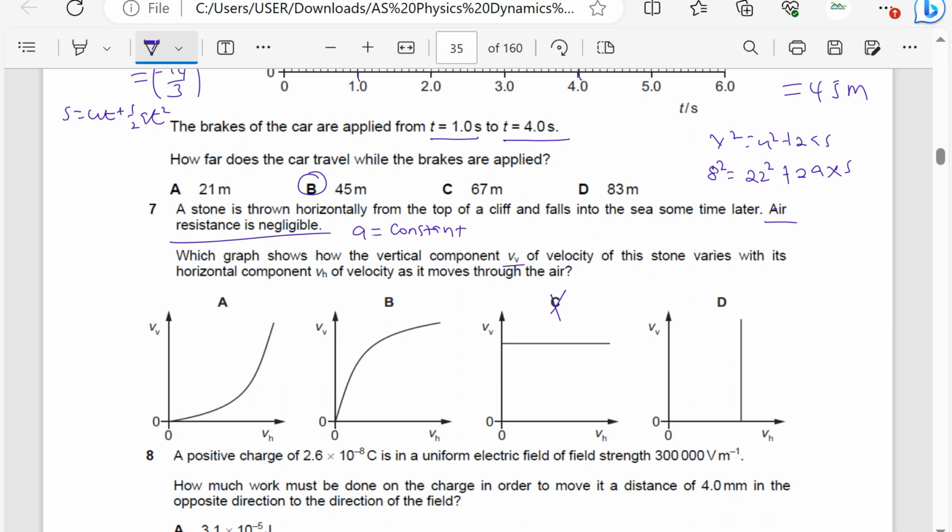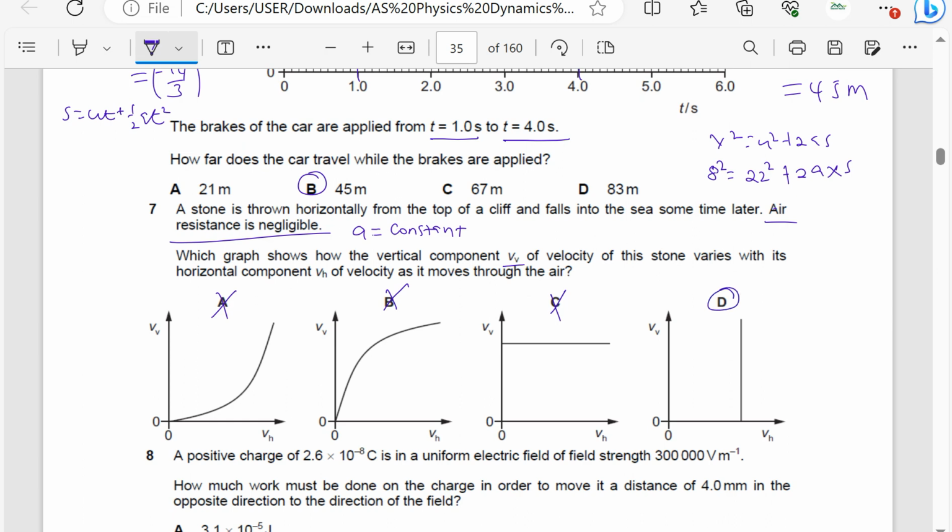Yet when a body is falling, the vertical component of velocity increases. So C is wrong. B shows it increases and it is becoming constant. It can't become constant in the vertical because air resistance is not considered. So the acceleration remains constant. A is also wrong because it shows that the acceleration in the vertical increases.